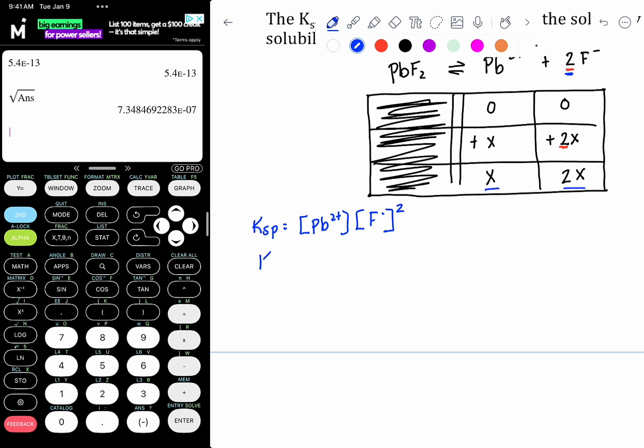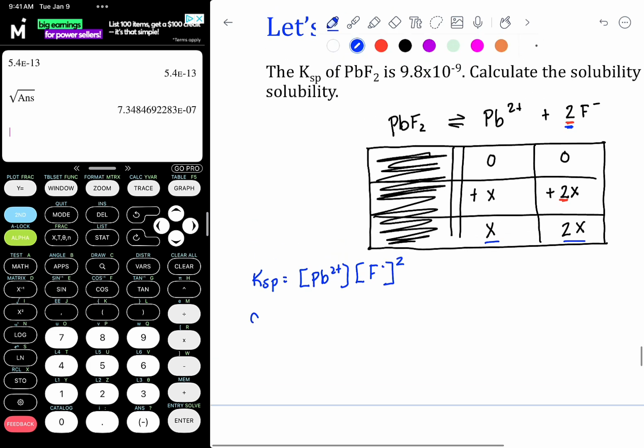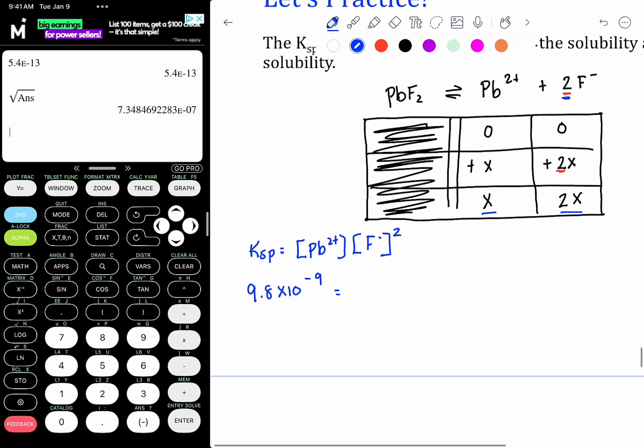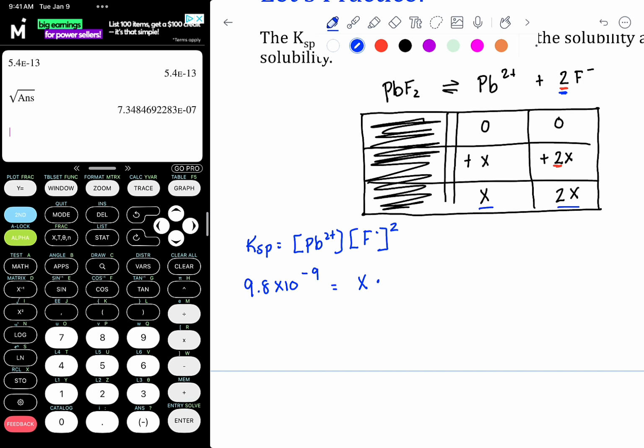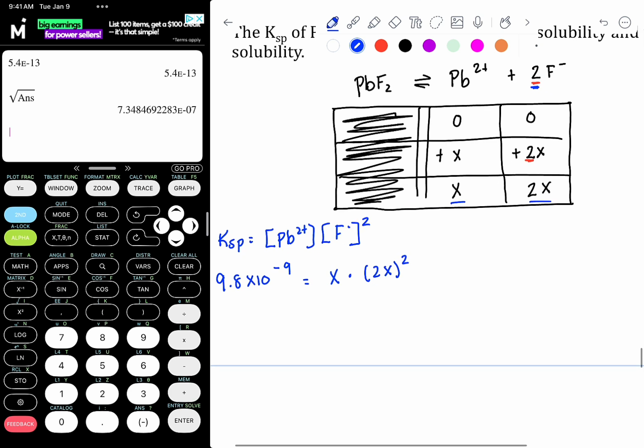KSP is 9.8 times 10 to the minus 9, and that's equal to x times 2x squared. So we have to remember that we take our balancing into account in 2 places.